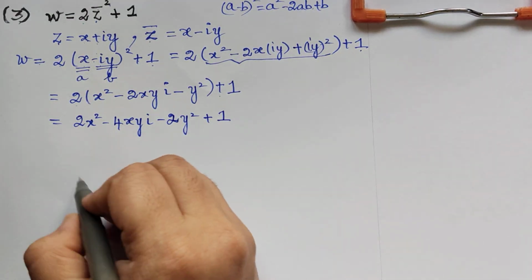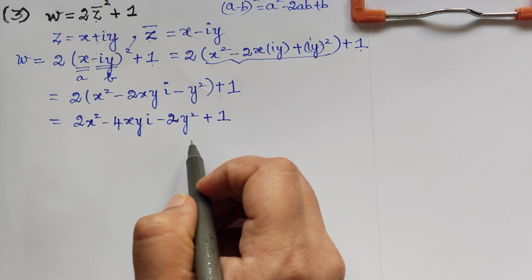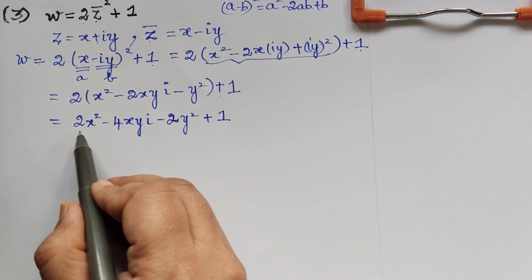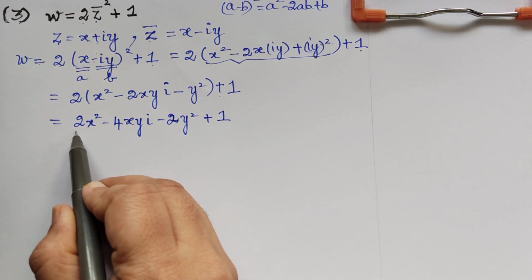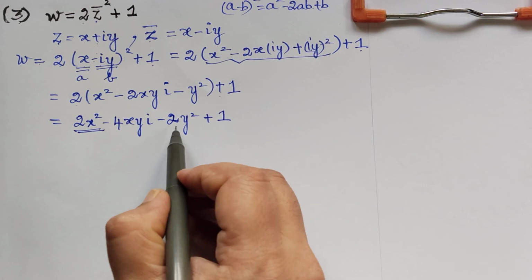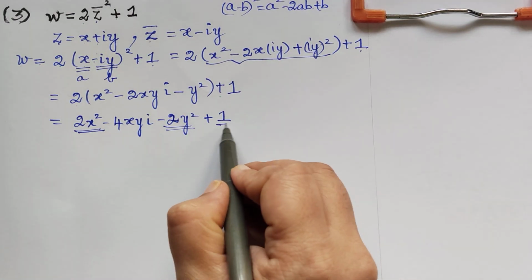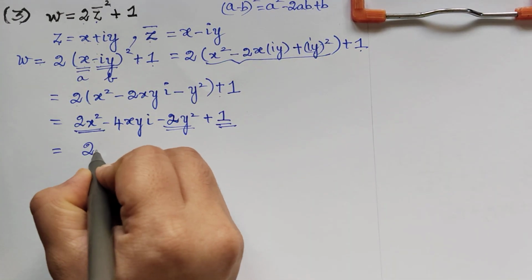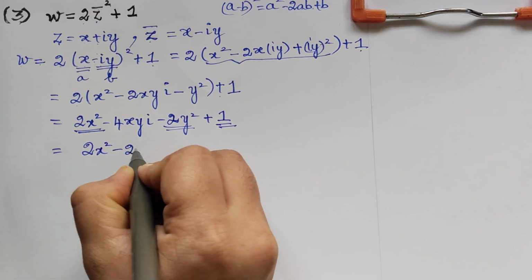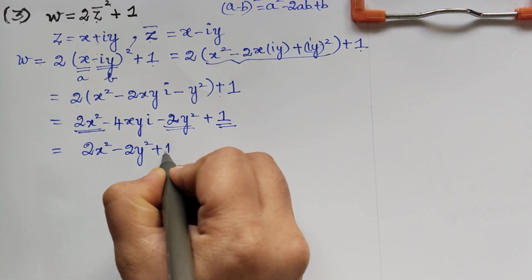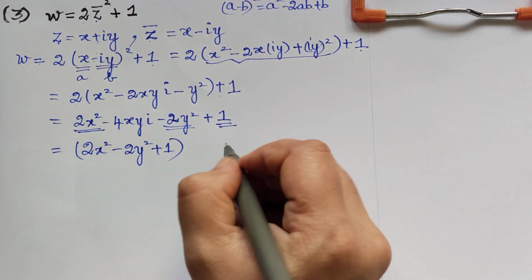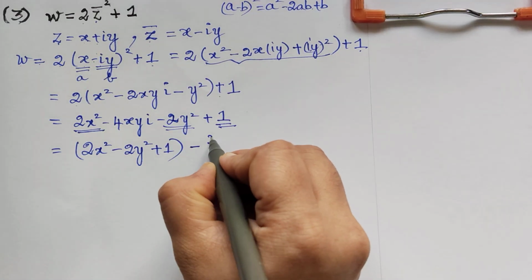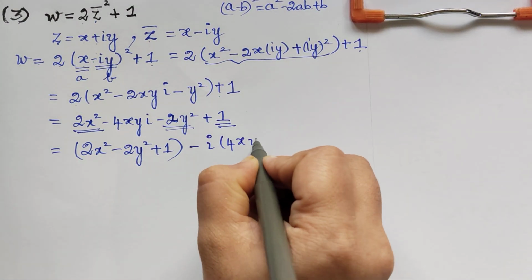Now let us combine the real part and the imaginary part. So the terms independent of i give us the real part. So if you see 2x square minus 2y square plus 1, that gives us the real part. So 2x square minus 2y square plus 1 is the real part, and the imaginary part is minus i 4xy.